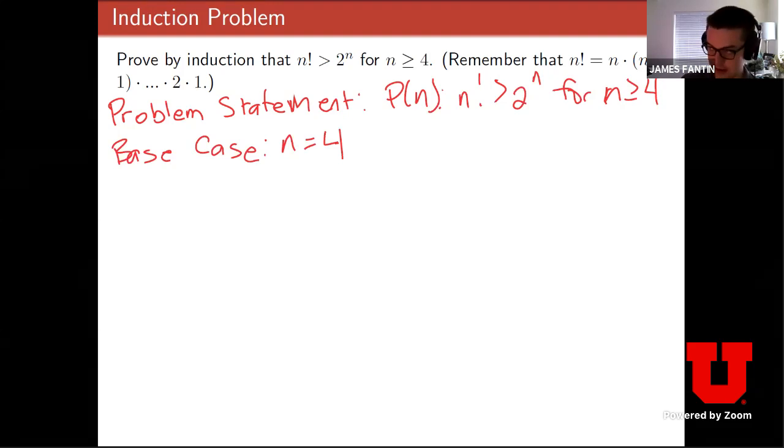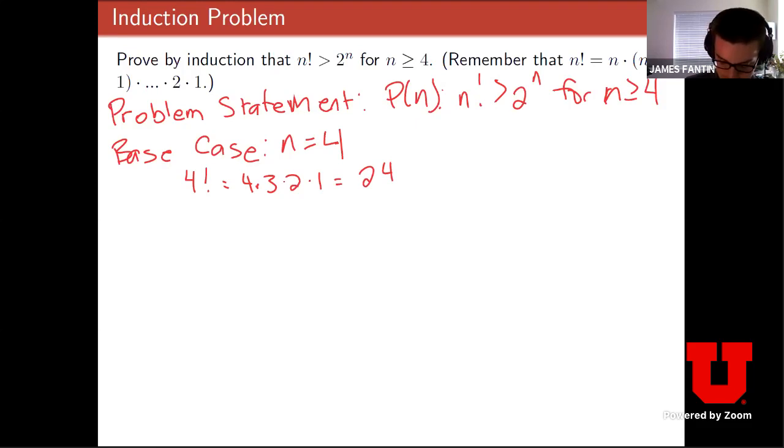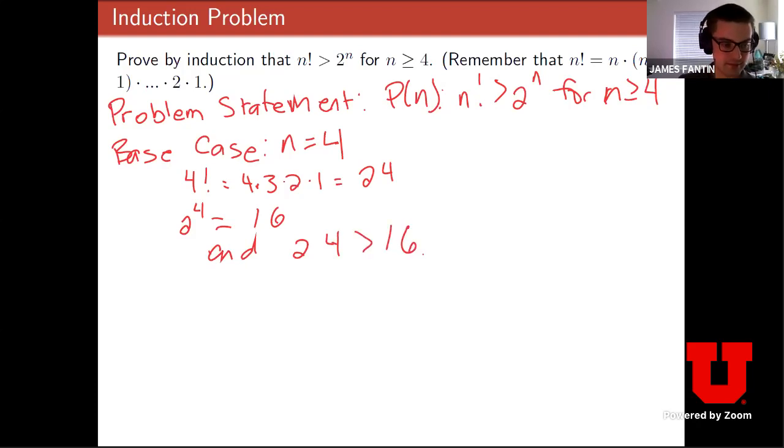And then we just need to show that the base case is true. 4 factorial is just 4 times 3 times 2 times 1, so that's 24. But 2 to the 4 is equal to 16. And 24 is in fact greater than 16, so our base case is true.